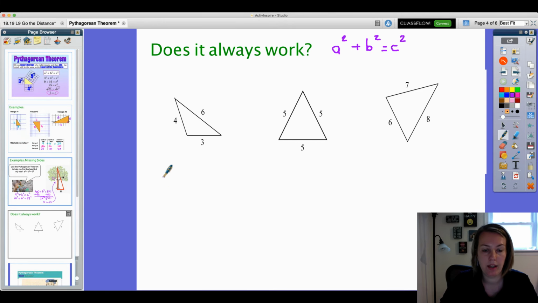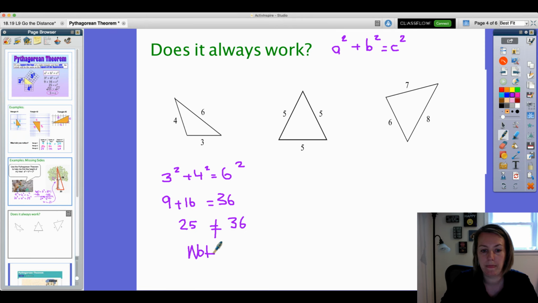Now, if I plug that in, I would get 3 squared plus 4 squared equals 6 squared. And that would give me 9 plus 16 equals 36. And here I can already see that this is not true, right? So 25 does not equal 36. So it's not true.